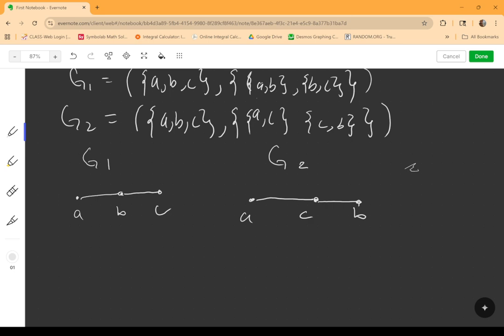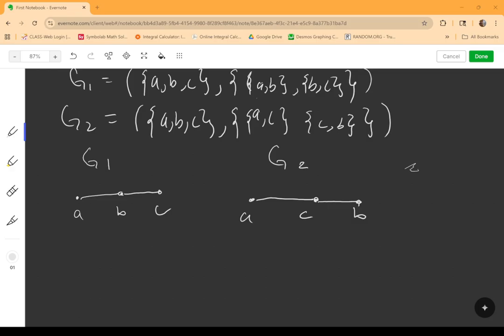So we have a special name for these types of graphs, which we'll define, where they're basically the same, except maybe for the name of the vertices. So maybe we need to redefine them, and we can do that via a function where we relate the vertices in one graph to the vertices in the other.